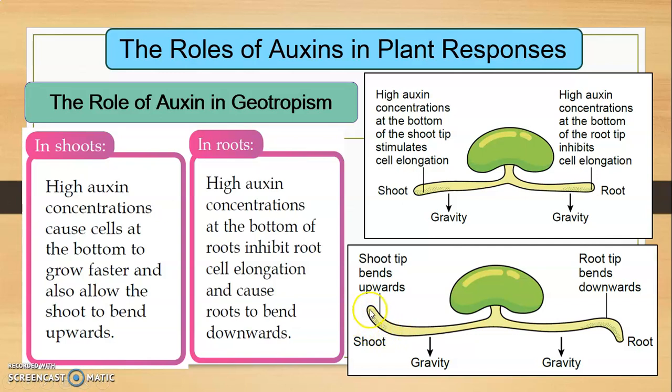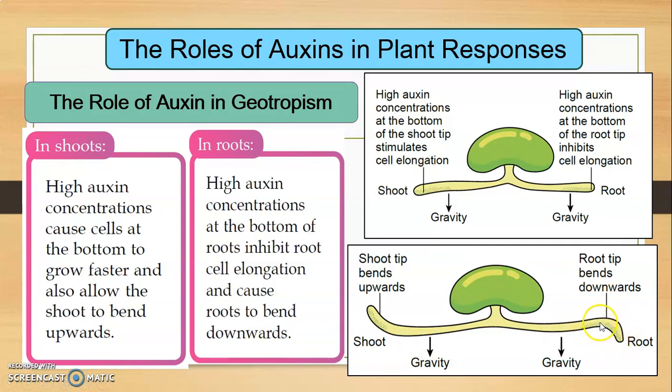and then it will cause the shoot to bend upwards. Okay, and then in roots, a high auxin concentration at the bottom of roots inhibits root cell elongation and causes the root to bend downwards. Okay, so at the root here, the bottom side has a higher concentration of auxin.